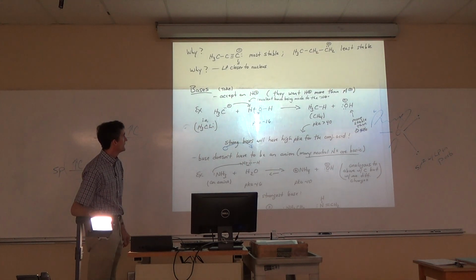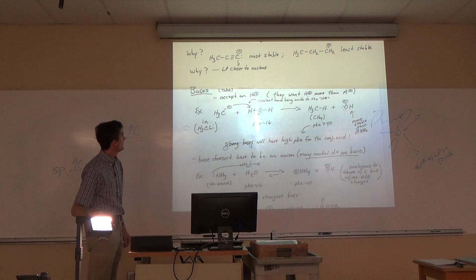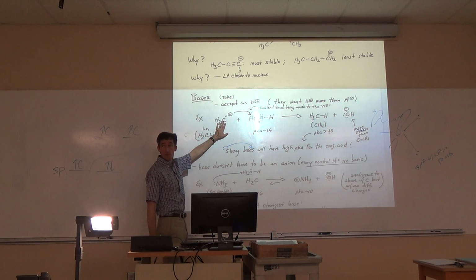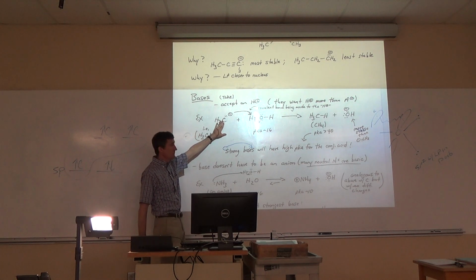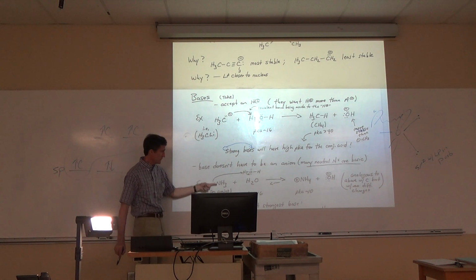Okay, pKa's. Bases are often anions. That's why they want an H, so they can go to neutral. That's why they want to take an H. They don't have to be anions. For example, here, ammonia is not an anion, it's neutral.